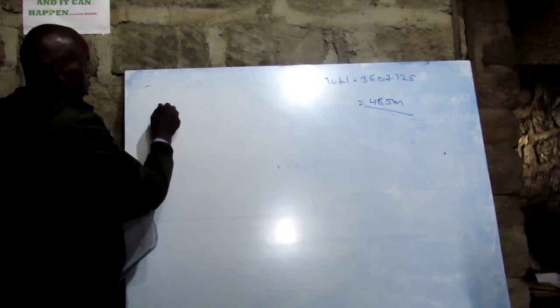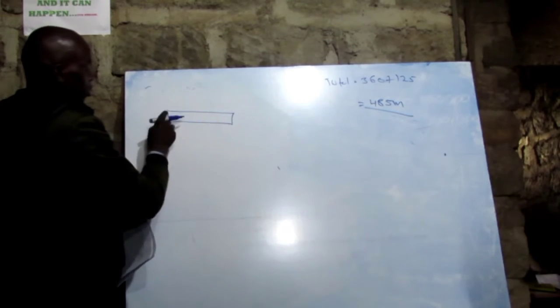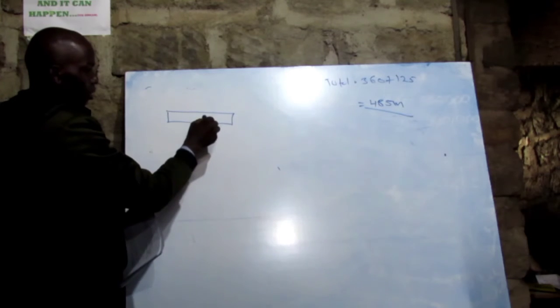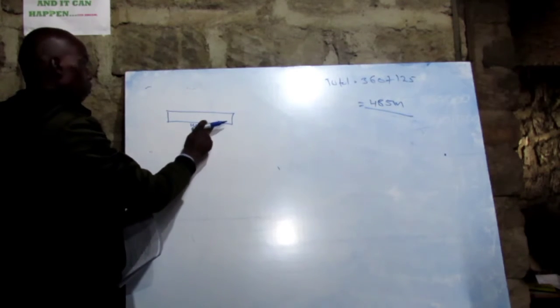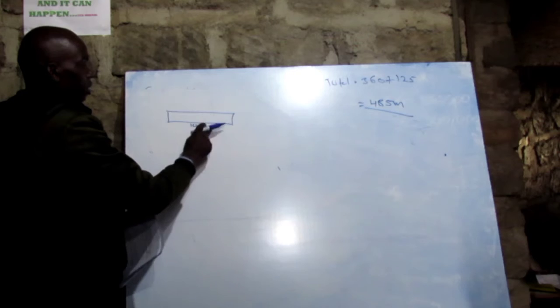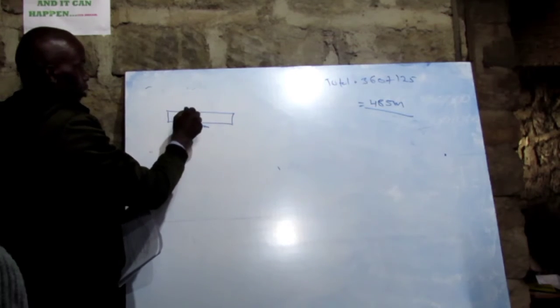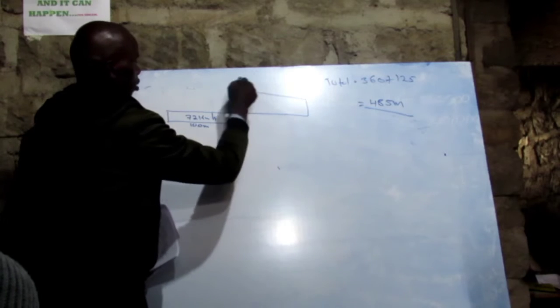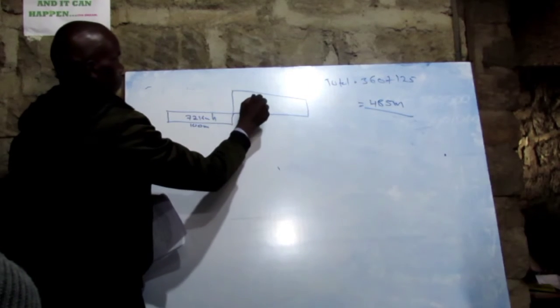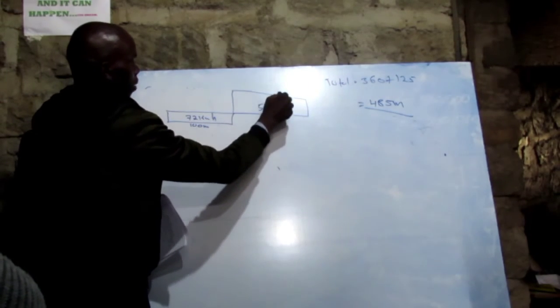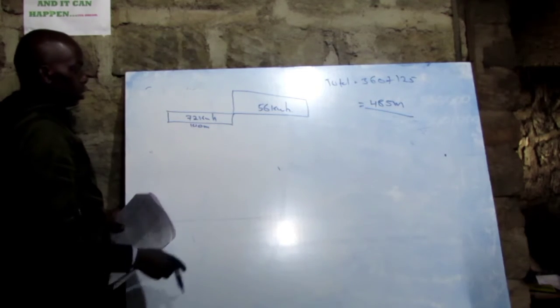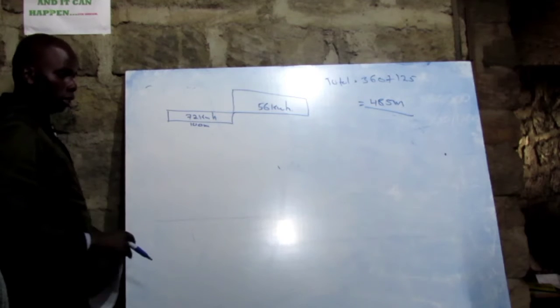So we have a train traveling at 72 kilometers per hour, 100 meters long. Another train is at 56 kilometers per hour. And it passes it completely in 54 seconds.